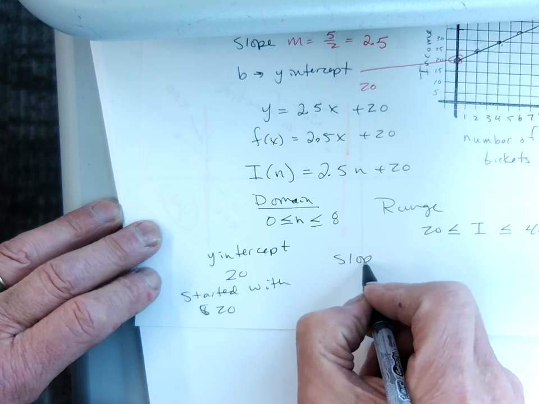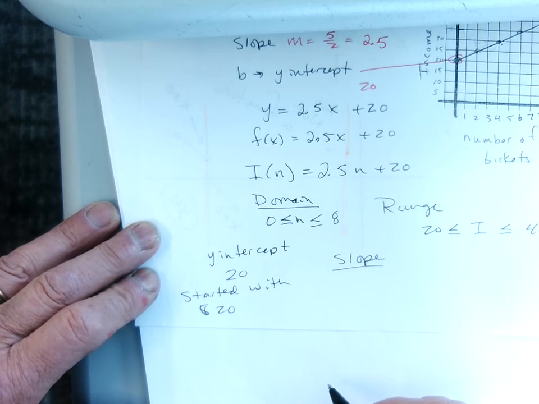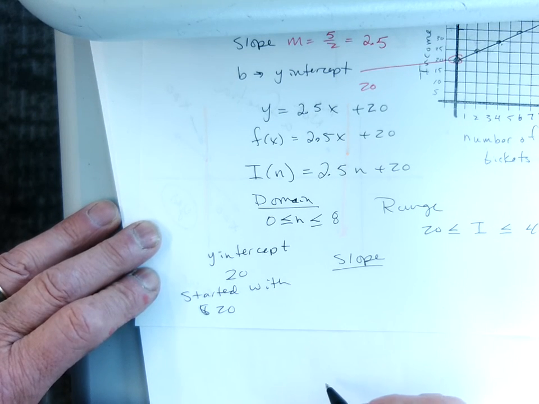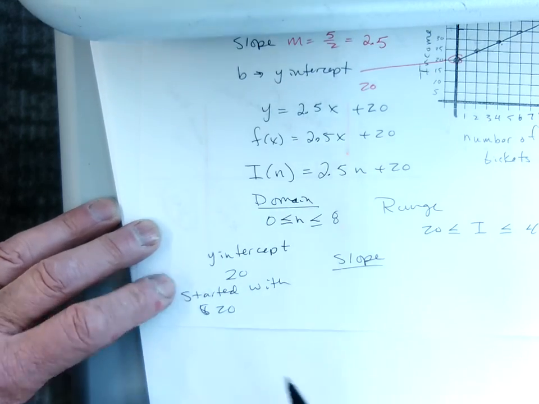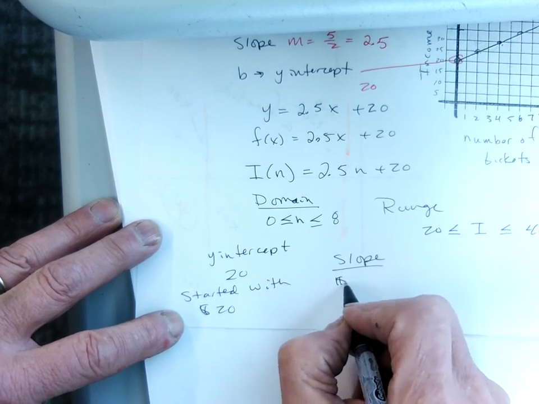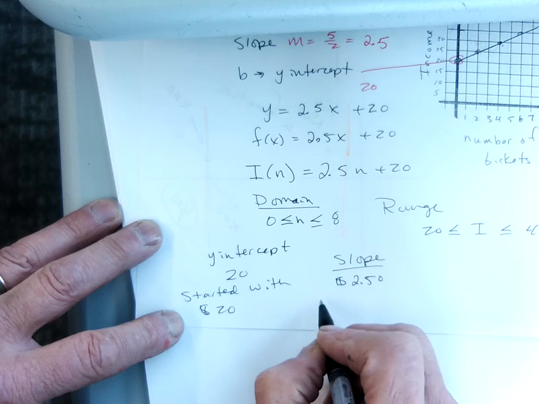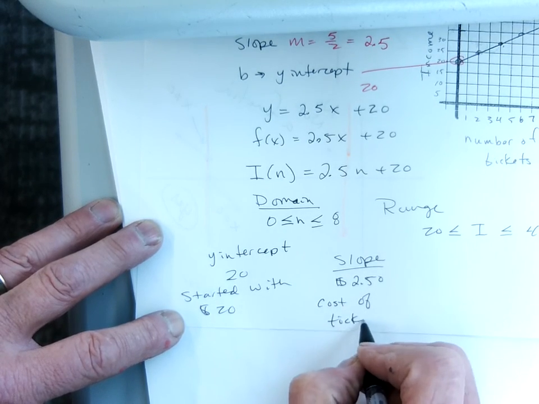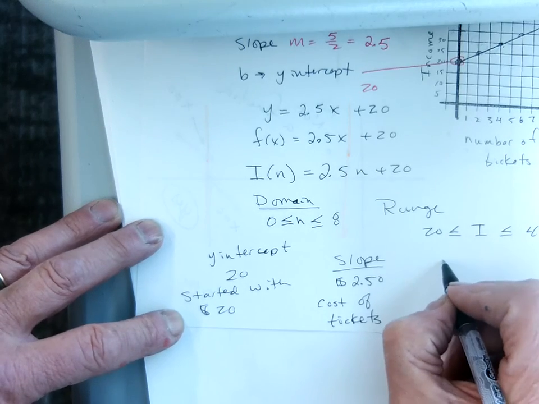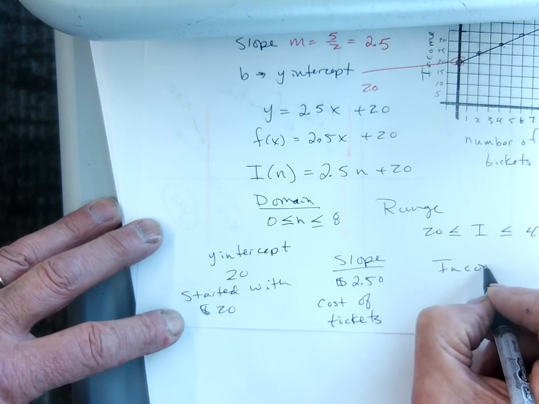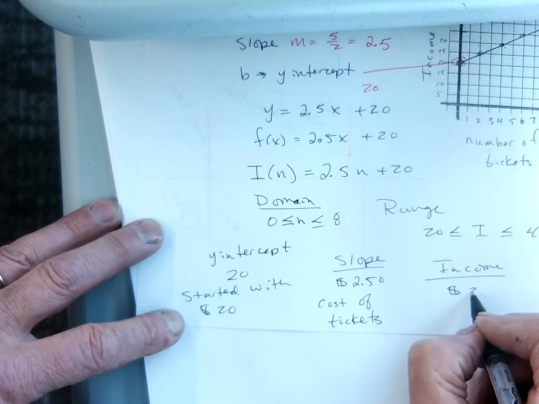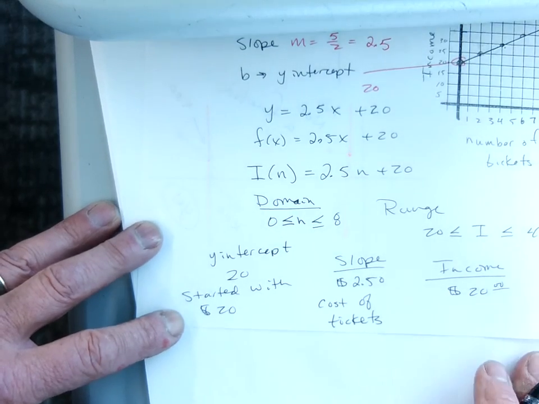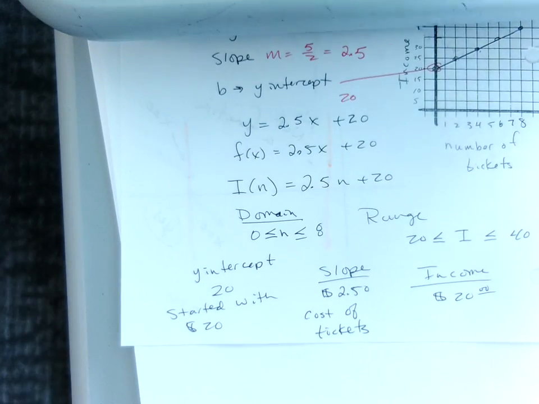What's the slope? It's the cost of the tickets, right? So the slope is $2.50, and that's the cost of tickets. And finally, what was our income? $20, because we already started with 20. We made an additional 20. Okay, what do you think?